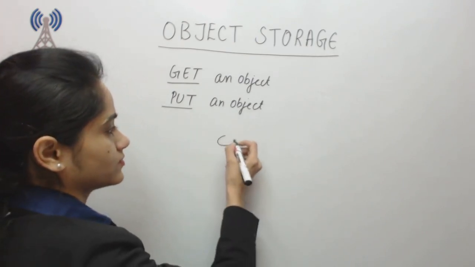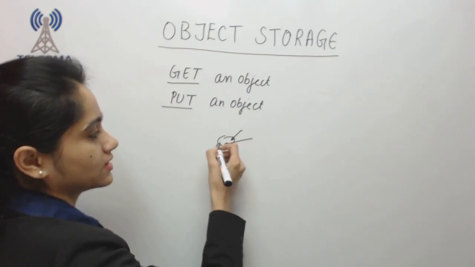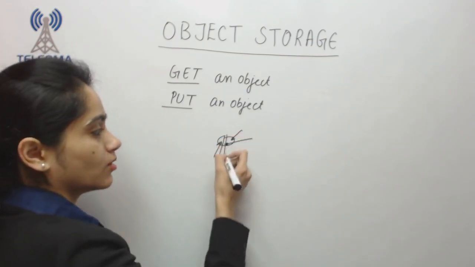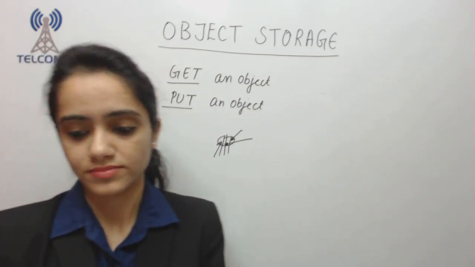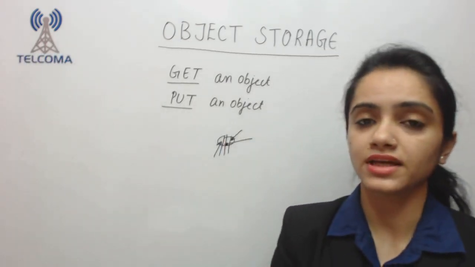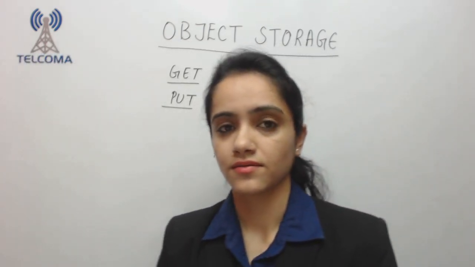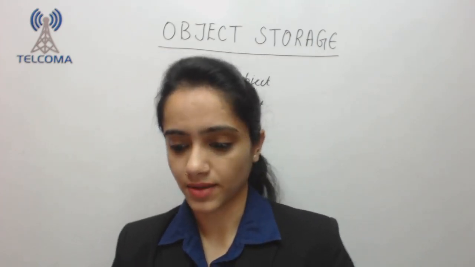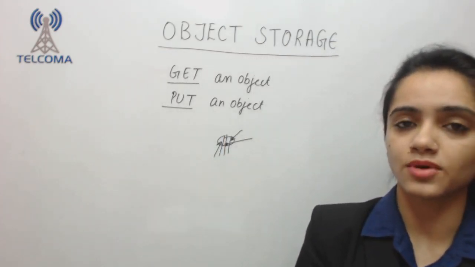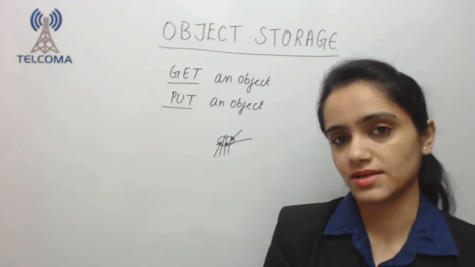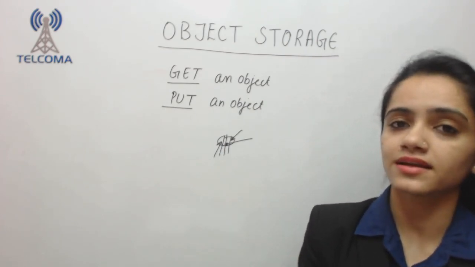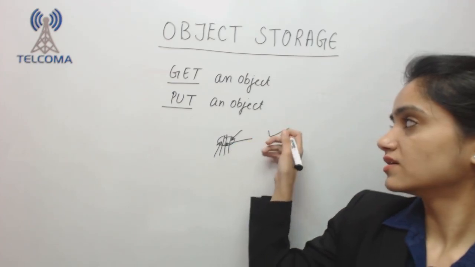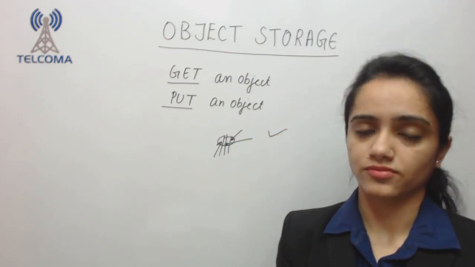So if we have one object, we can operate on this object at a time instead of operating on a portion of the object. We can't mount a bucket or run an operating system or a database on Amazon S3 in it.